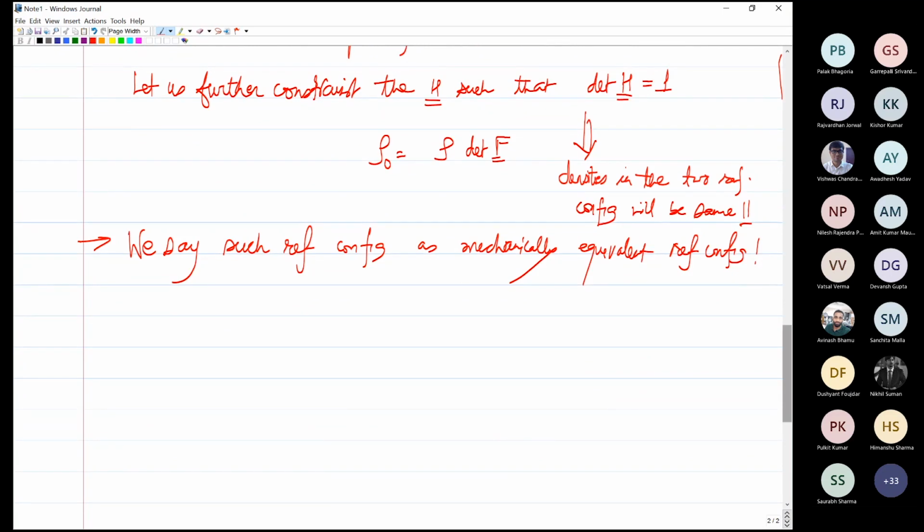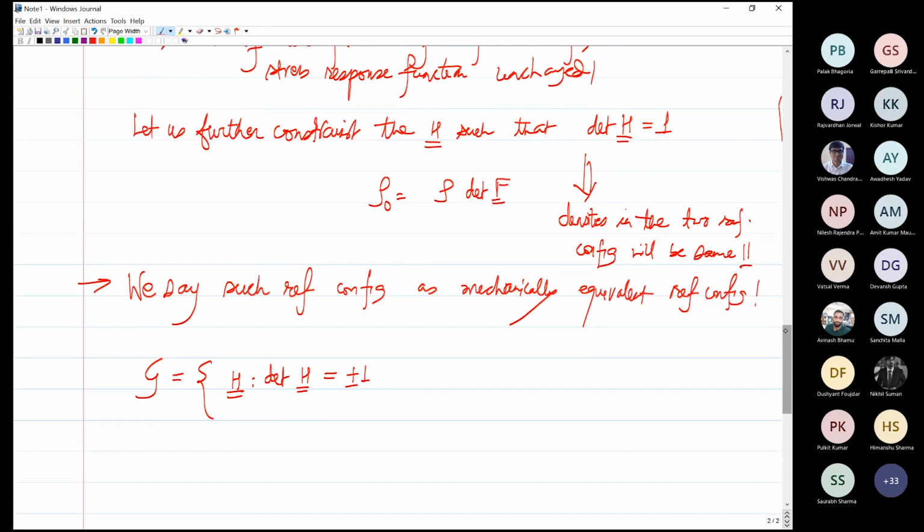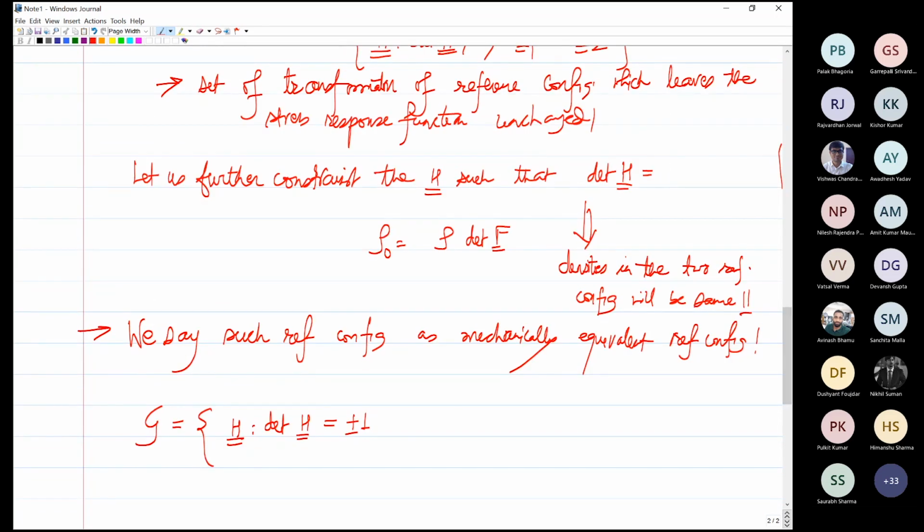Okay. So finally, for mechanically equivalent configurations, we can think of a group, denoted by G, equal to all H such that det H is equal to plus minus 1. Okay, I think I just said 1, no, it should be plus minus 1, because in that case the density will be rho naught equal to rho times mod of det F. So still the density will be the same.